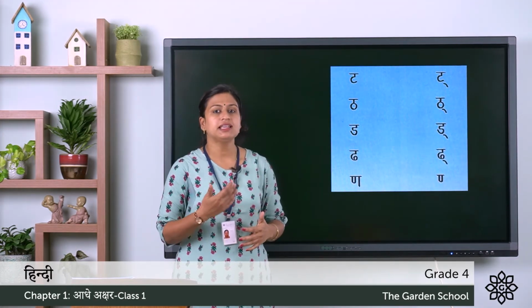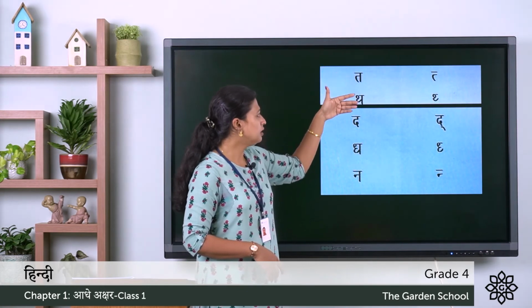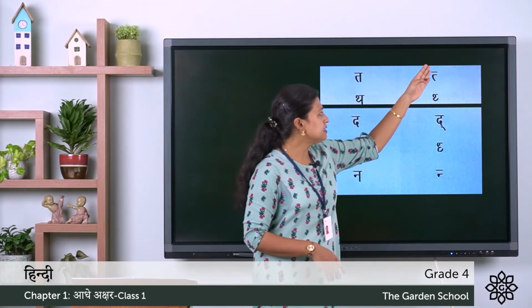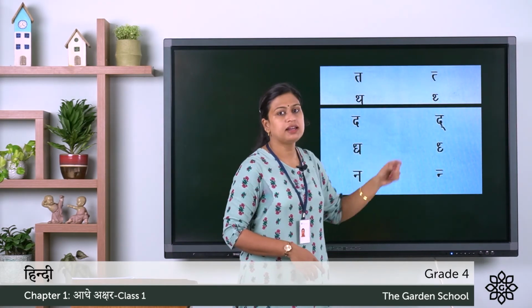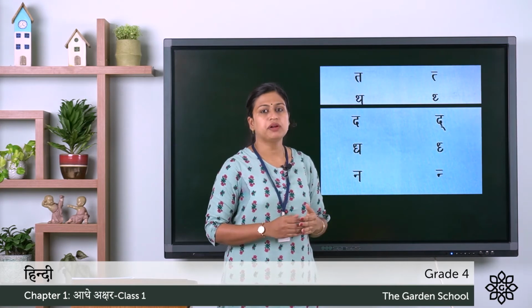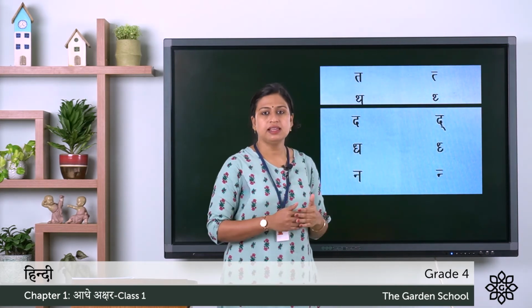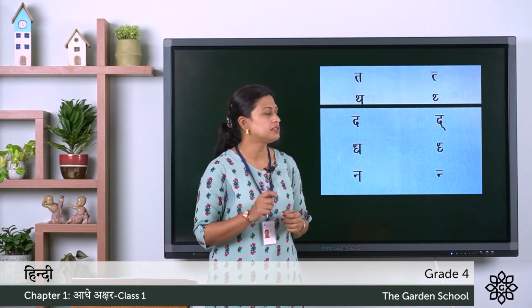Now let's see the next set of Vyanjan Akshar. Ta, Tha, Da, Dha, Na. And these are the half forms. You can see here for Ta, the standing line is missing and we pronounce Ta. Here for Tha, the standing line is missing and we pronounce Tha. That is very short sound.